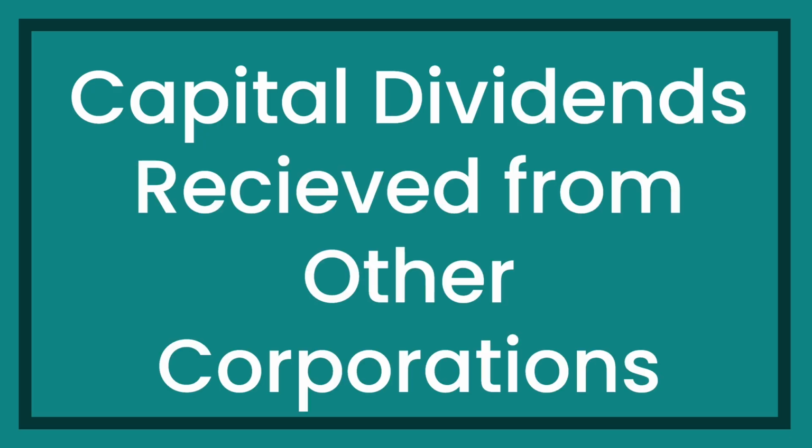Second, capital dividends received from other corporations. If your corporation owns shares in another private corporation and receives a capital dividend, that dividend can be added to your CDA. Third, life insurance death benefits. This is a big one.